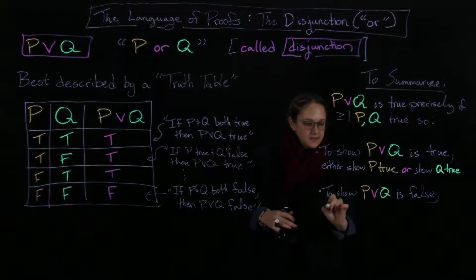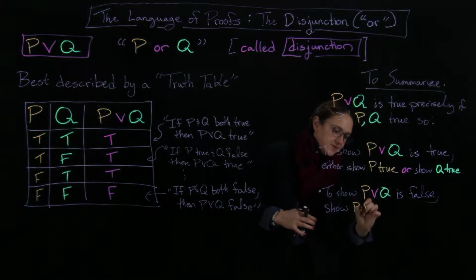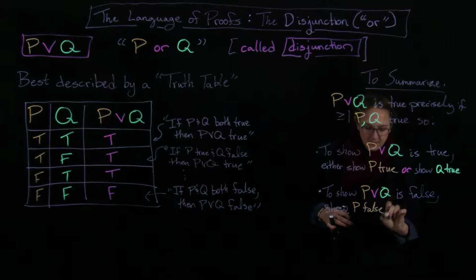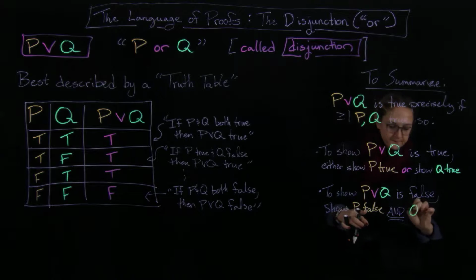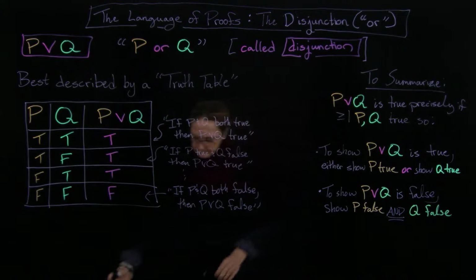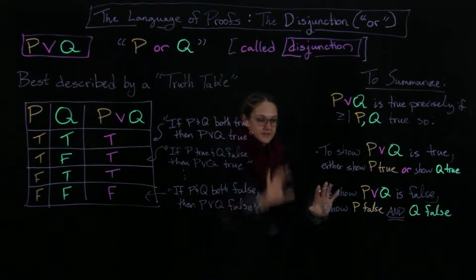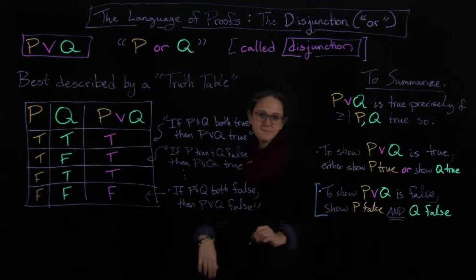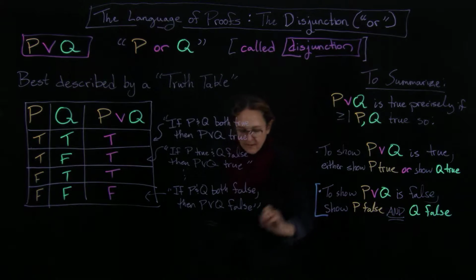So you need to show P is false, and that Q is false. Where does this come from?